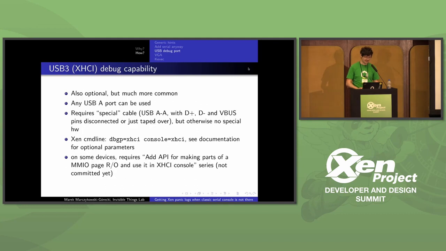Yeah, so that's one of the ways. But if you have USB 3, there is also a debug capability. It works on a similar principle, but it's way more comfortable to use. First of all, it works on any USB-A, USB 3 capable port. So you no longer need to find a very specific port that is used for some internal devices.